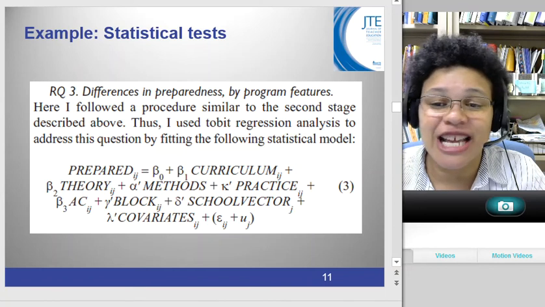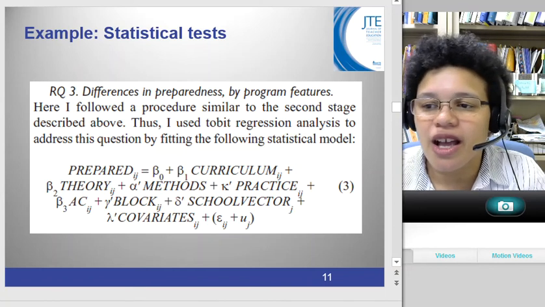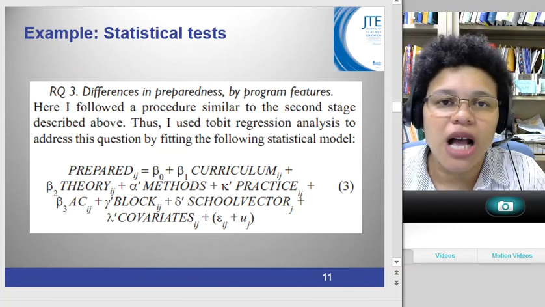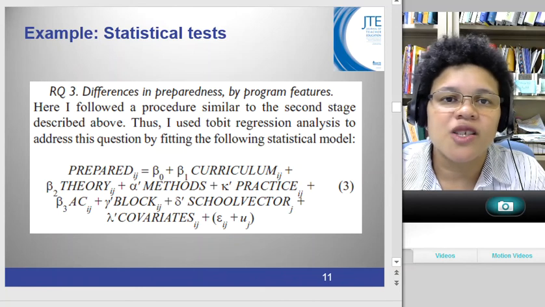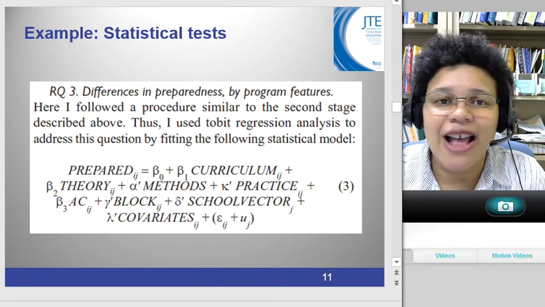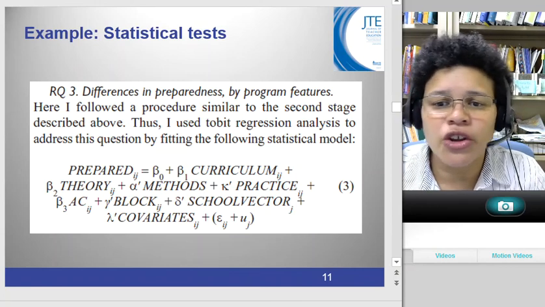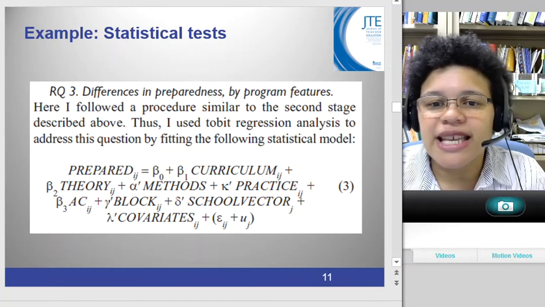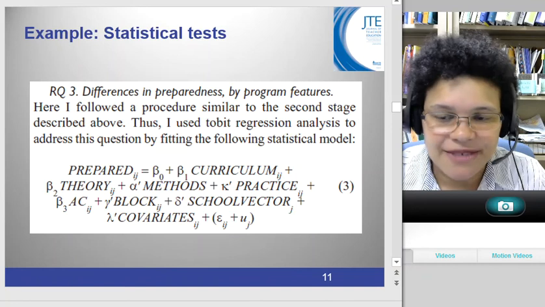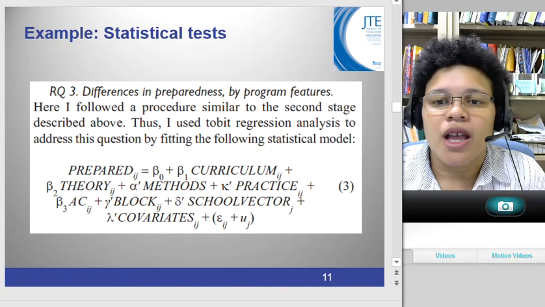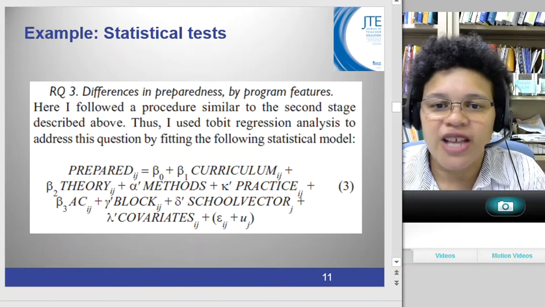You may see one of these dreadful things, some kind of equation where the researcher is showing their statistical model. Basically, we do that so other researchers, if they wanted to replicate our model, would be able to. For the casual reader, you don't need to pay attention to that at all. But this just says what I did. For RQ3, differences in preparedness by program features, I write, here I followed a procedure similar to the second stage described above.